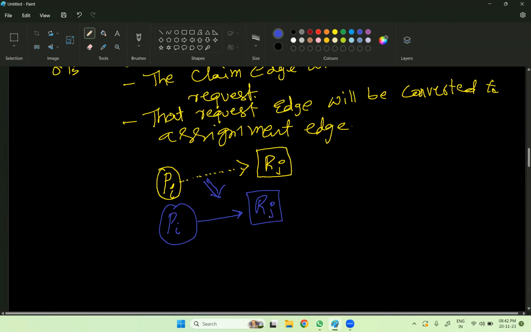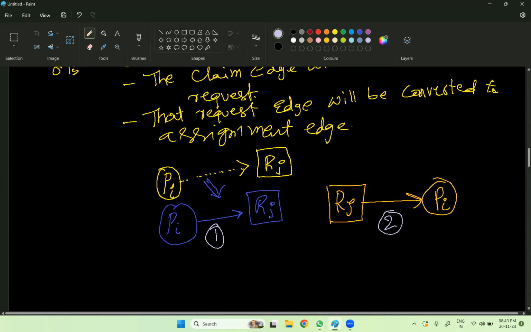When it is requested, the claim edge is converted from claim to request. Then immediately the requested resource type Rj is allocated to the process Pi. So the first operation is this one and the second operation is this one, and of course your process will continue.